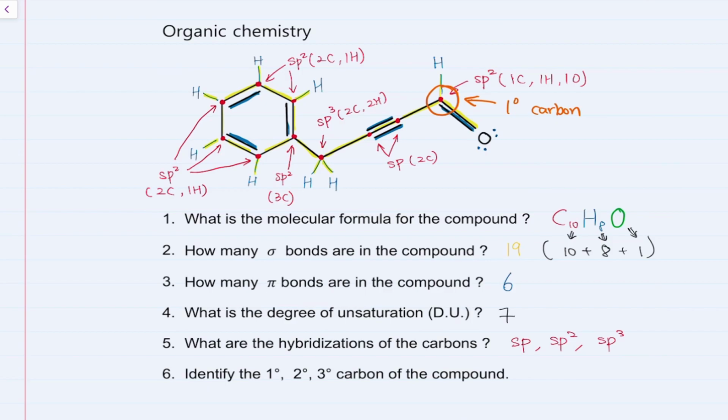When there are 2 carbons connected to the carbon, such as all these carbons that I circled in yellow, those are the secondary carbon. Lastly, there is one tertiary carbon on the ring we saw earlier, and this is the tertiary carbon.